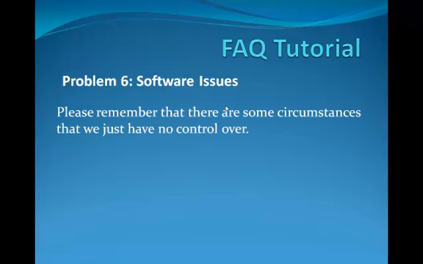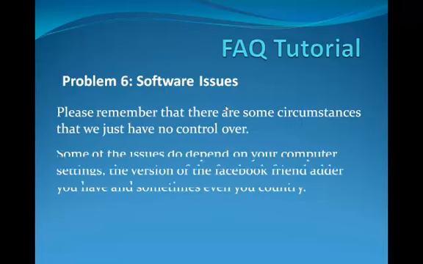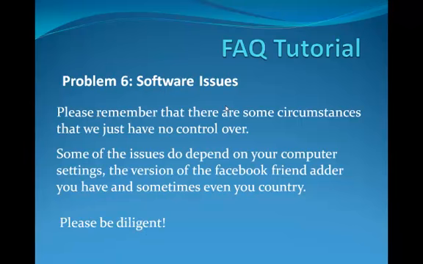So just to sum up, guys, please remember that there are some circumstances that we just have no control over. Now some of these issues do depend on your computer, for example, the version of Facebook Friend Adder that you do have, and sometimes even your country, as I've explained before. So you really need to bear those little things in mind. And the last thing, guys, I know this may sound a bit strange, but please be diligent.